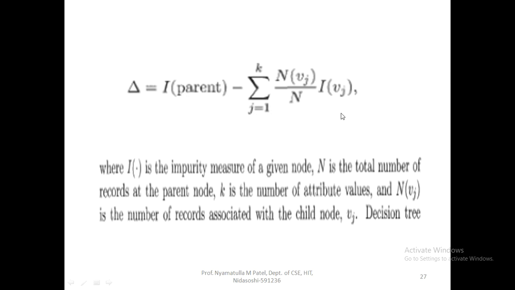There may be any number of child nodes, we do not know. Here I is the impurity of a given node, N is the total number of records at the parent node, k is the number of attribute values, and N of V j is the number of records associated with the child node V j.